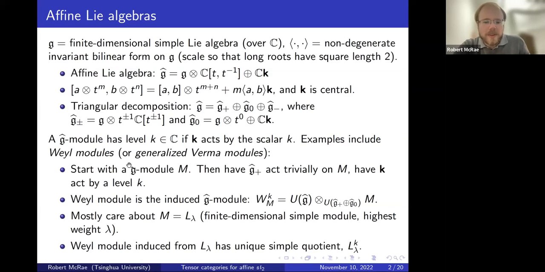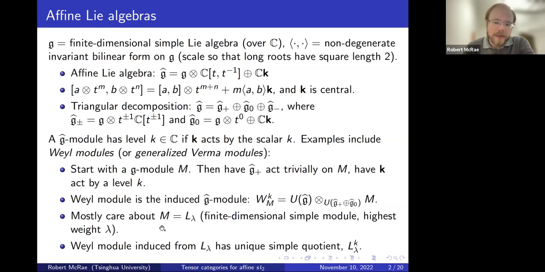They're induced from a G module, usually a finite dimensional G module, though it doesn't have to be. We have the positive part of the affine Lie algebra act trivially, the central element act by the level k, and then there's the G action on M already, and then we induce to form a module for the full affine Lie algebra.